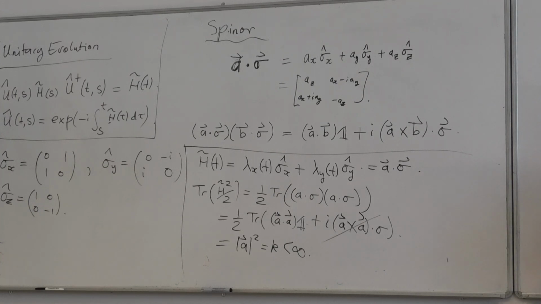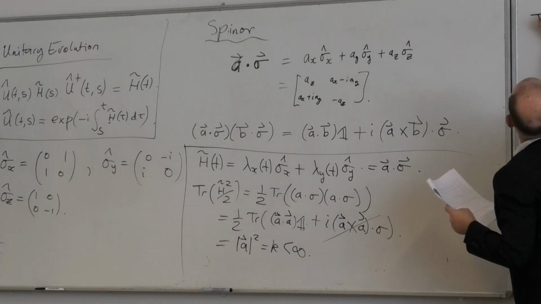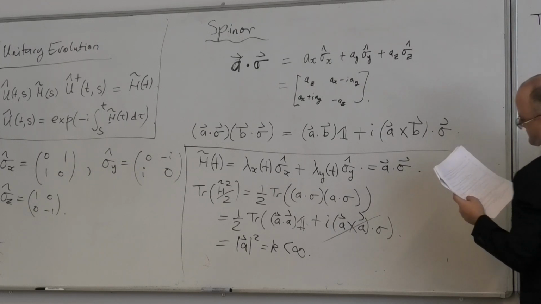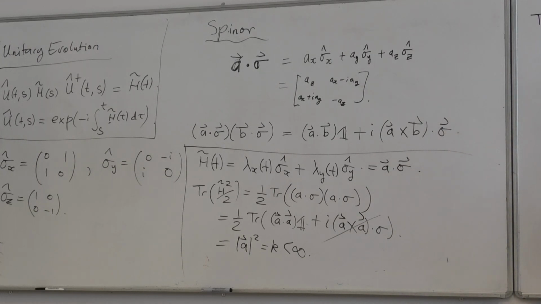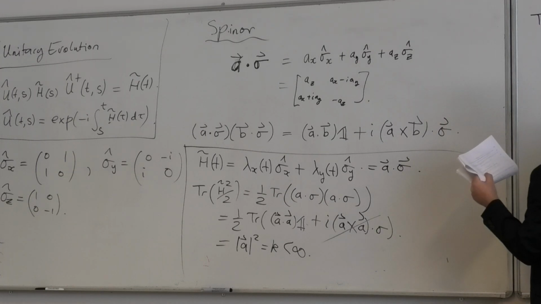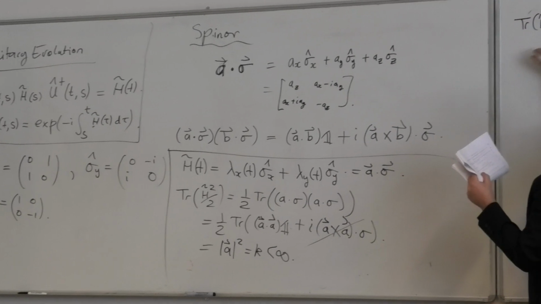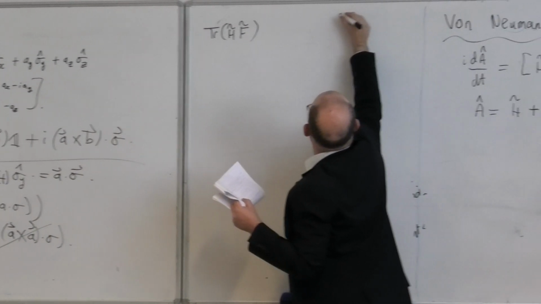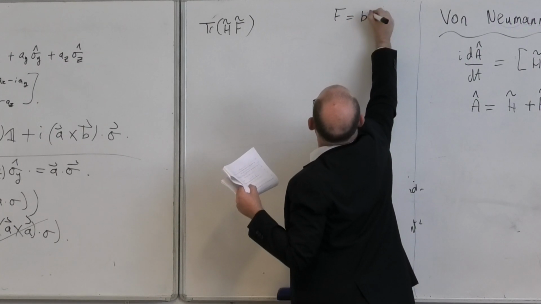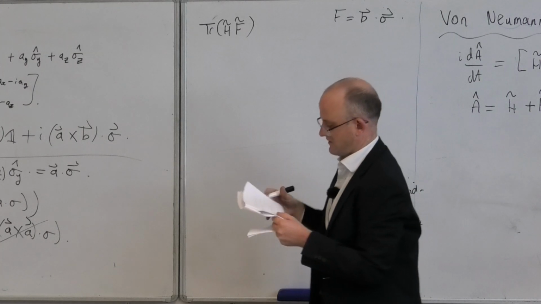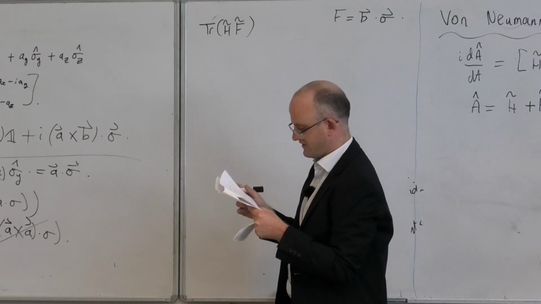So let's solve the second one. Okay, so we've got the trace of HF. So let's just say that F is equal to B dot sigma, some arbitrary linear combination.